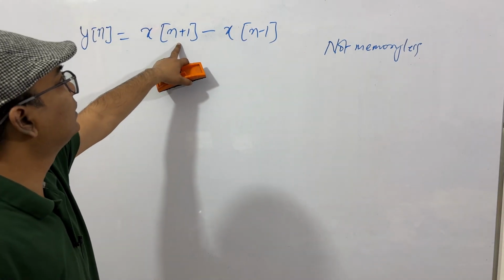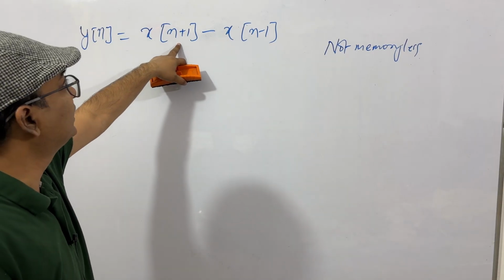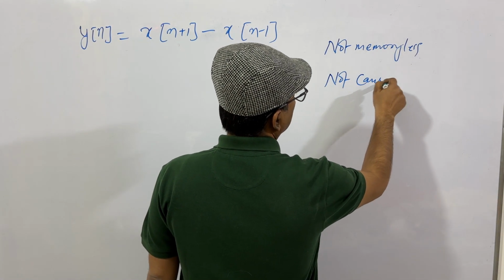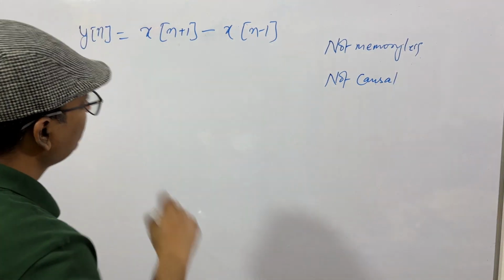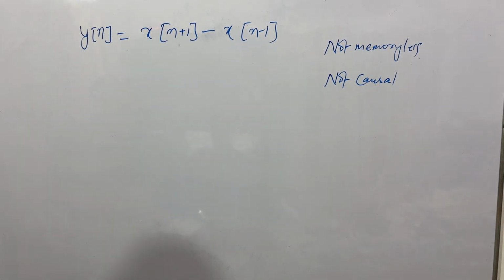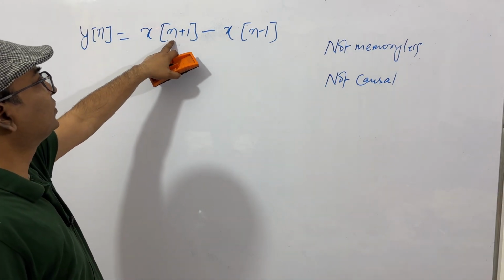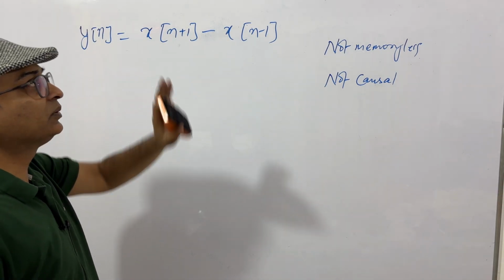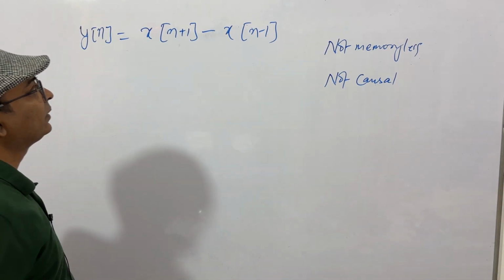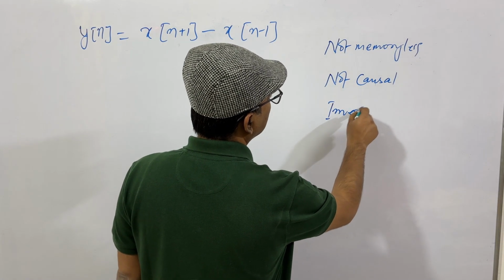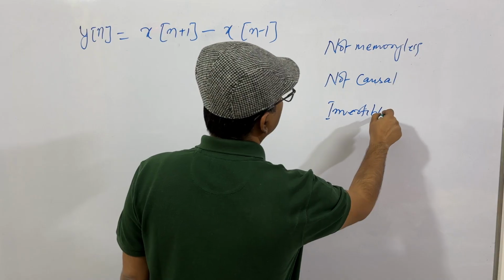No. It anticipates the future value of the input, so it is not causal. Is it invertible? For distinct values of n, we will have distinct values of the output. Therefore, this is invertible, and so you can design an inverse system.